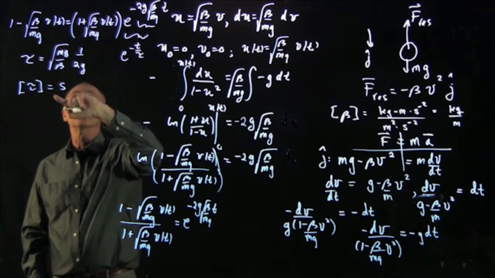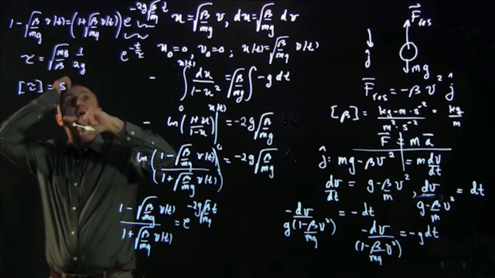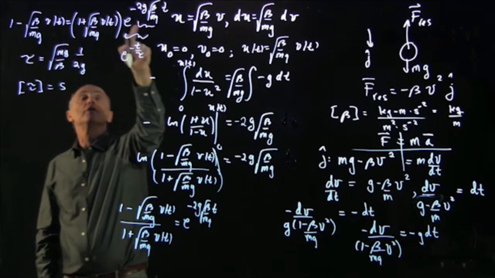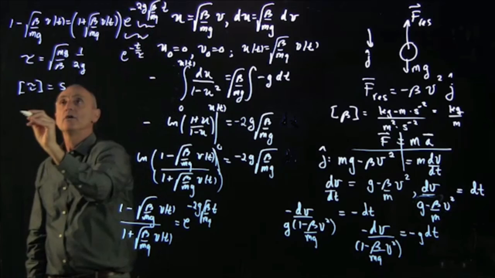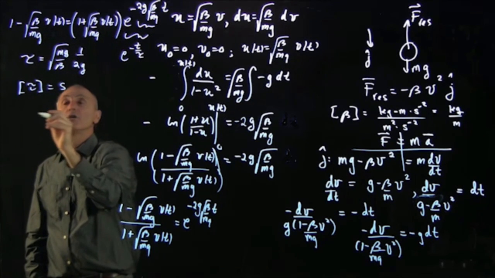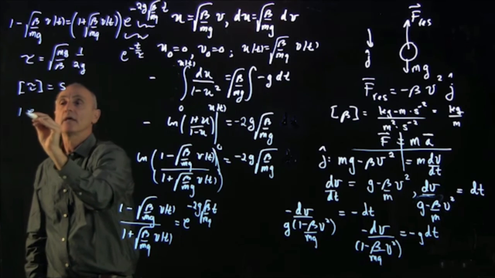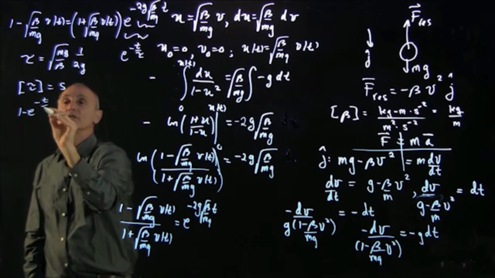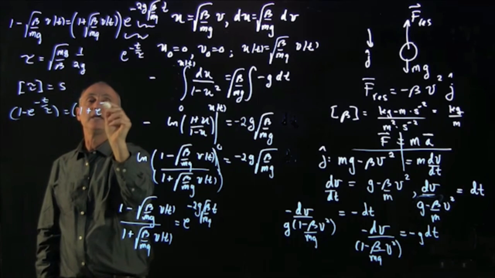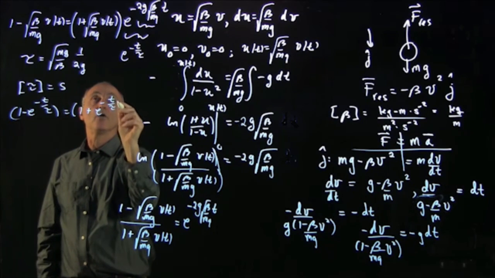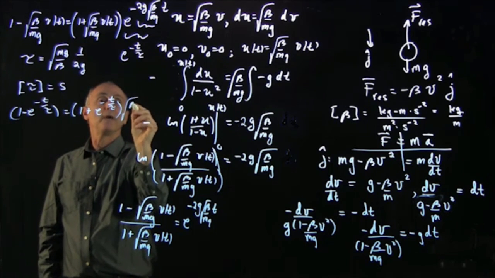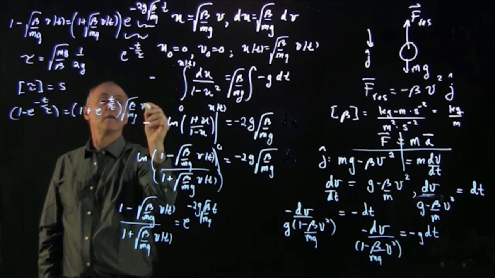Now, I just have to collect my terms. And what I'll do is I'll collect the v terms on the right and the terms that don't have v on the left. So I have 1 minus e to the minus t over tau on the left is equal to 1 plus e to the minus t over tau on the right times square root of beta over mg v of t.